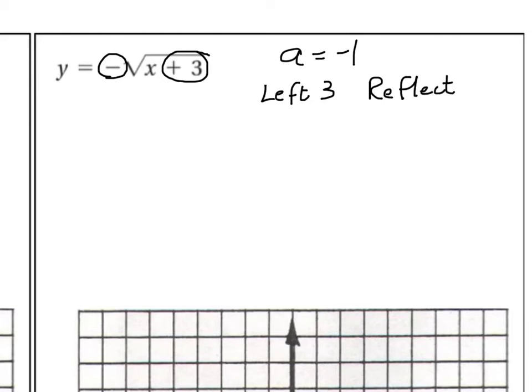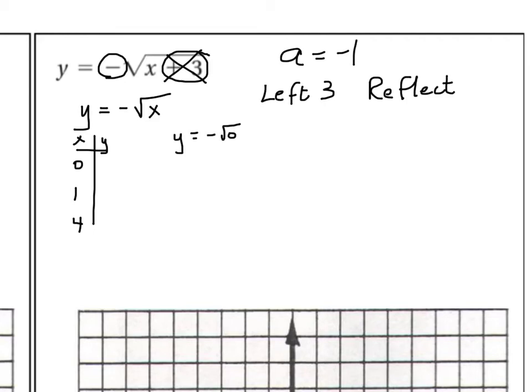So, on this one here, since my a value is not 1, I want to go ahead and graph, I'm going to cross this guy out and graph y equals the opposite of the square root of x. I'm going to plug in these ordered pairs: 0, 1, and 4. And tell me what we get out. So when I go here, y equals the opposite of the square root of 0.